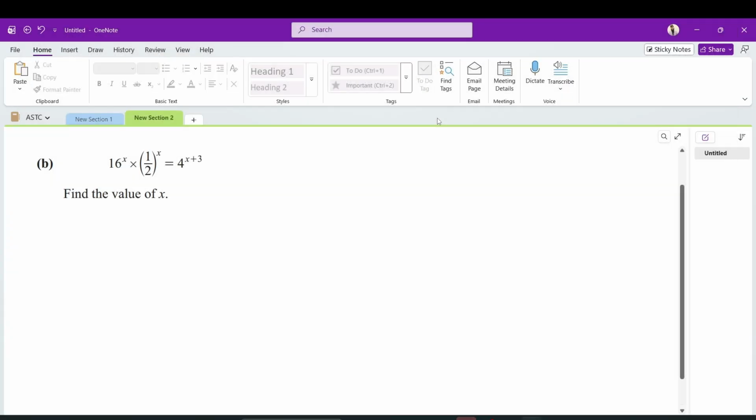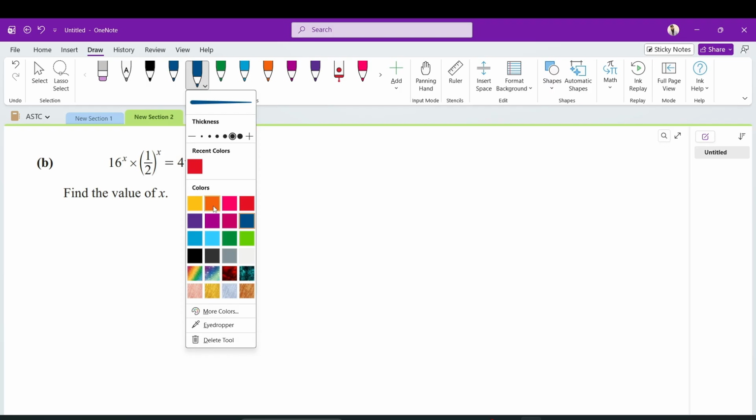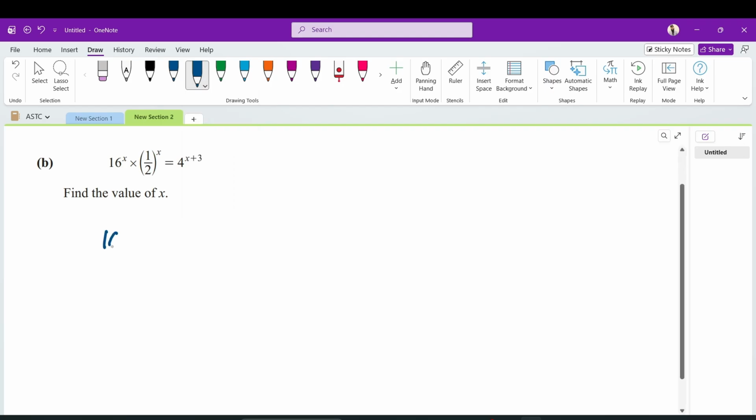We can leave this. All right, so hopefully now we won't have any problems. Let me write this down here. I was supposed to reduce the thickness actually.